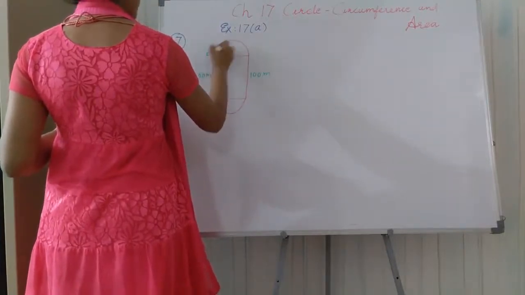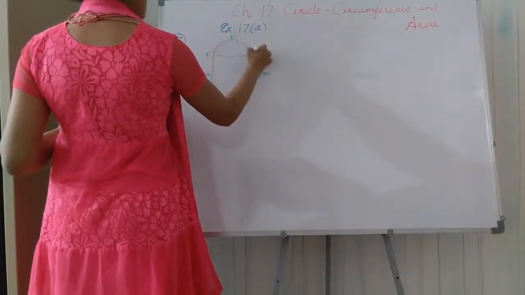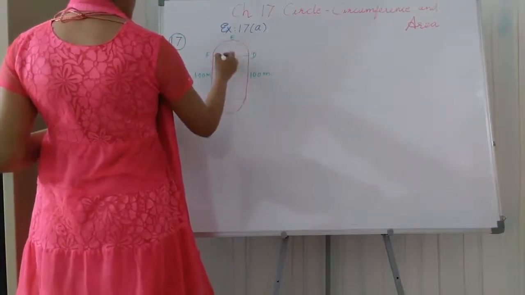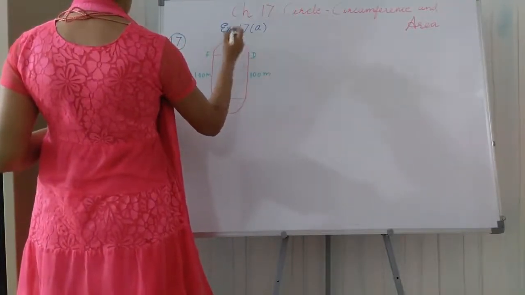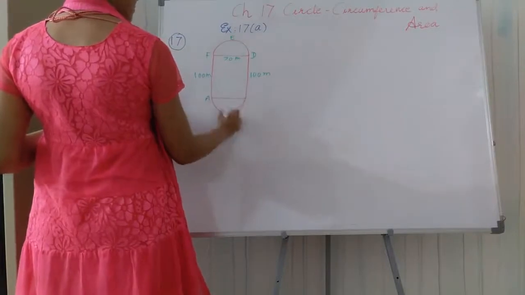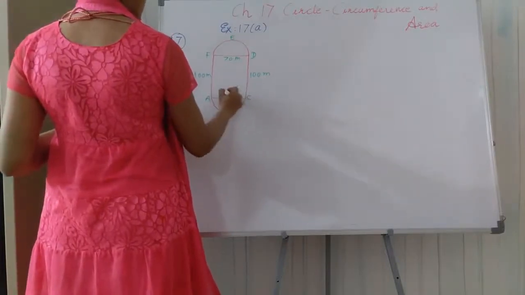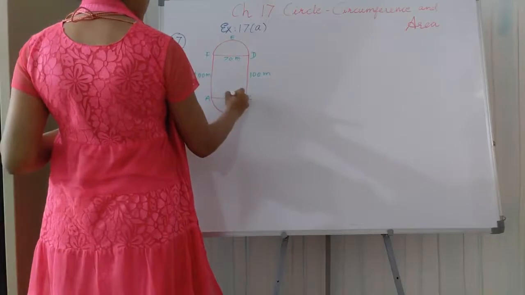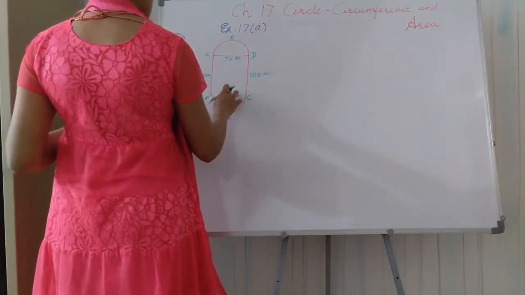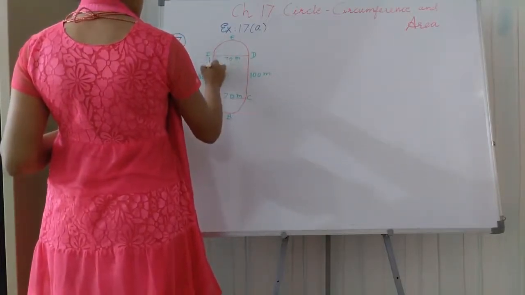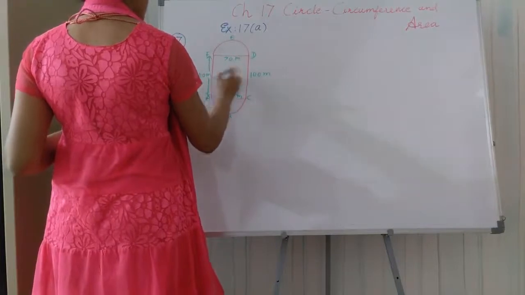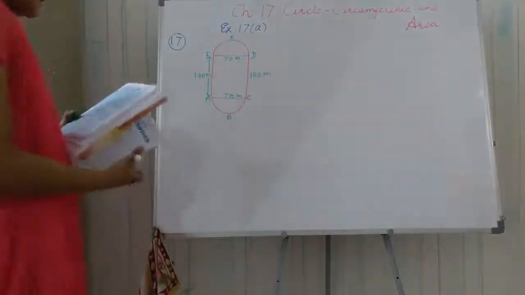This is FED half circle and the diameter is 70 meter. Here also ABC circumference and its diameter is 70 meters. Now this part FA is 100 meter and same as DC also 100 meter.